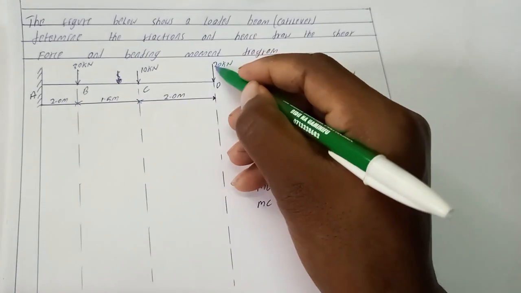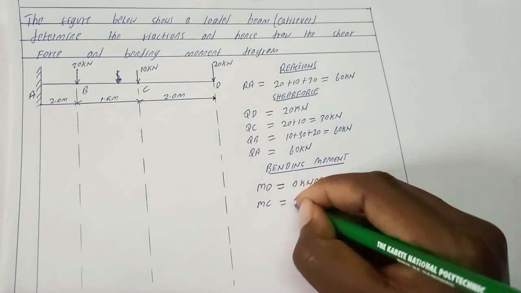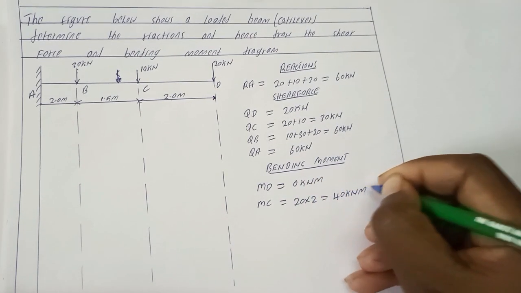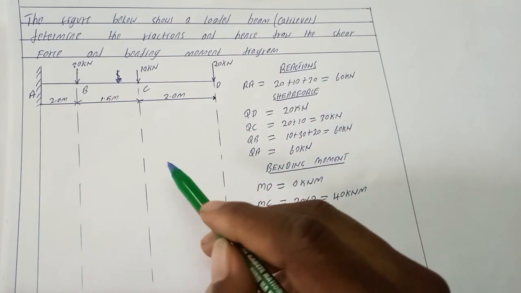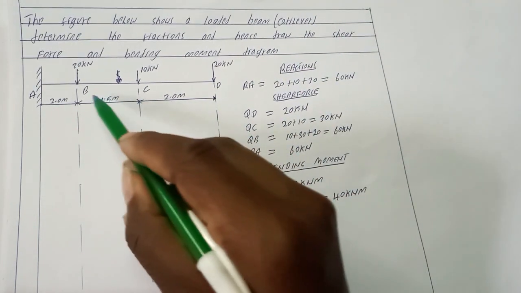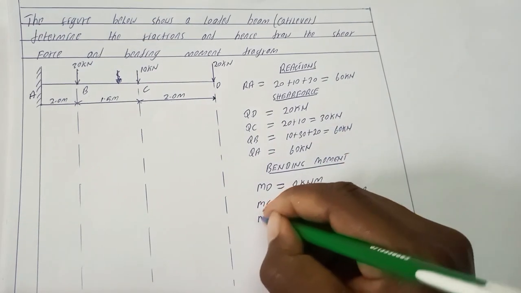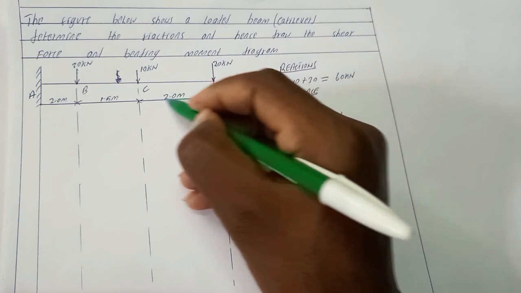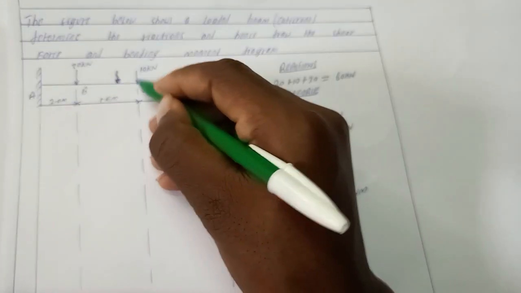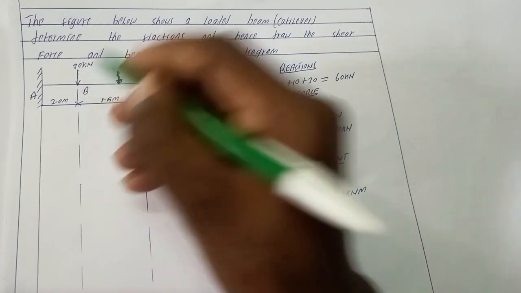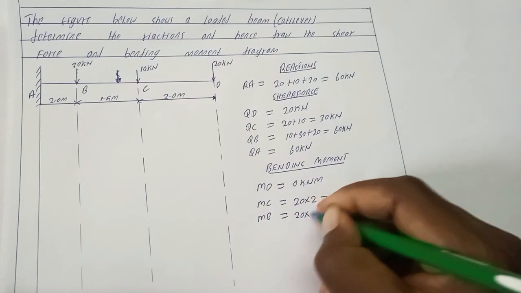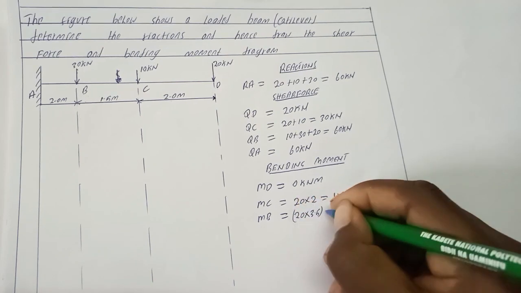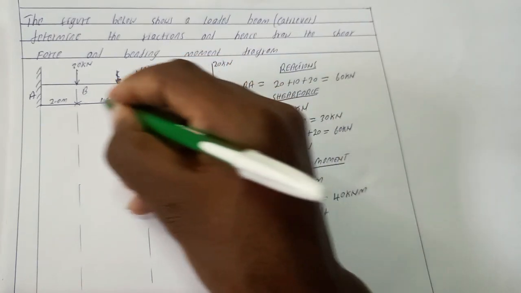Then we have moment at C. Moment at C will be this loading times distance, which is 20 times 2, 40 kilonewton meter. Then we have moment at point B, which will be given by 20 times total distance up to B plus 10 times total distance up to B, which is 20 times 2 plus 1.5, that is 3.5, plus 10 times 1.5.